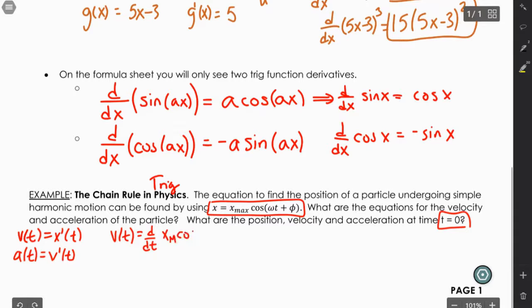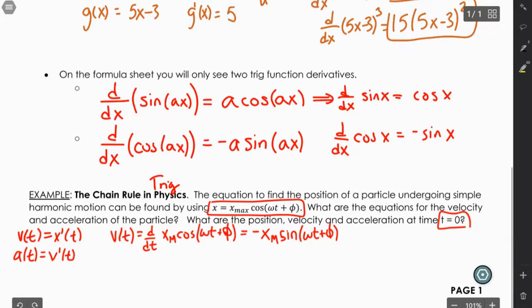x max cosine of omega t plus phi. That's the greatest debate, is it phi or phi? So we're going to follow our chain rule. It's going to be the derivative of the whole thing times the derivative of the inside. Don't forget we still have this x max out here. The derivative of cosine is negative sine, so negative x max sine of omega t plus phi.